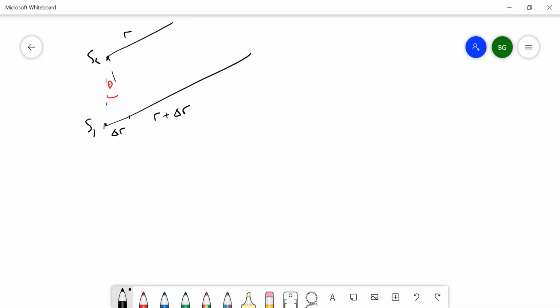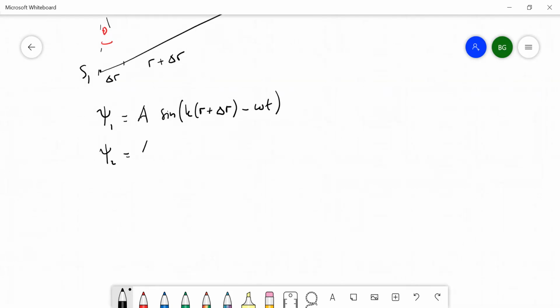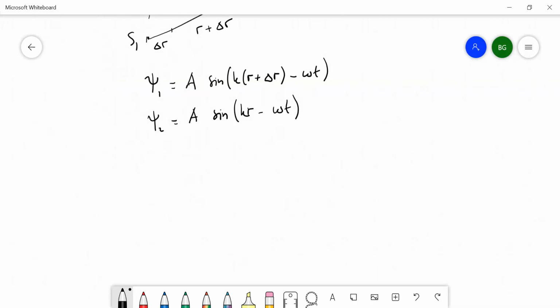So C1, with the same amplitudes, is A sin(k(R plus delta R) minus omega t), and C2 is A sin(kR minus omega t). So the interference means that we have this C here as C1 plus C2.